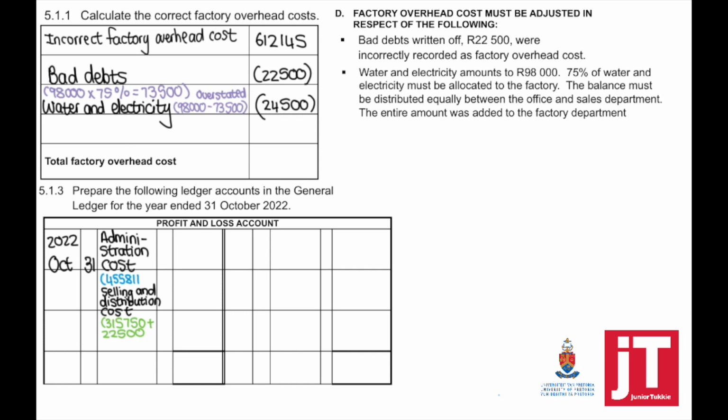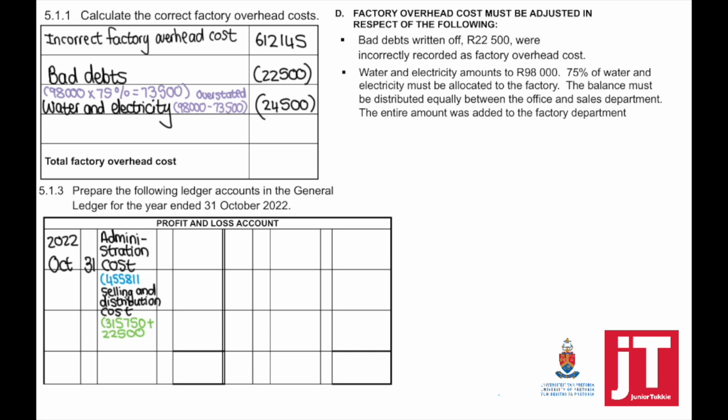Remember, the factory overhead cost has been calculated. The water and electricity has been added, but the amount was overstated because it should have been 75% and not 100%. So please take note of the difference between the previous activity and this activity when we're correcting the factory overhead cost.